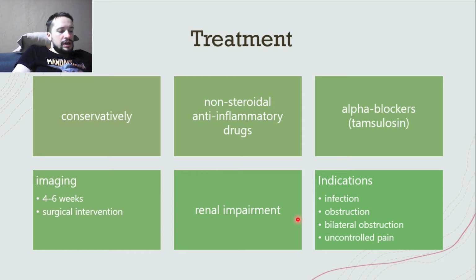Acute renal colic pain is best managed by non-steroidal anti-inflammatory drugs rather than opioids. Medical expulsion therapy with alpha blockers such as tamsulosin is often prescribed to improve the rate of spontaneous stone passage, although the evidence regarding efficacy is unclear.